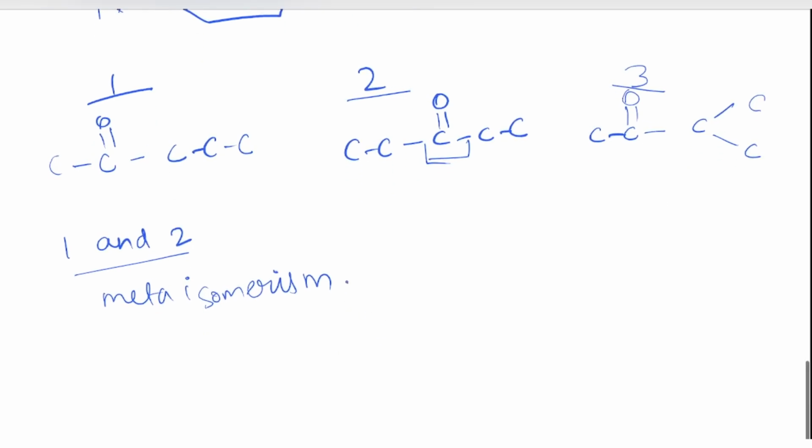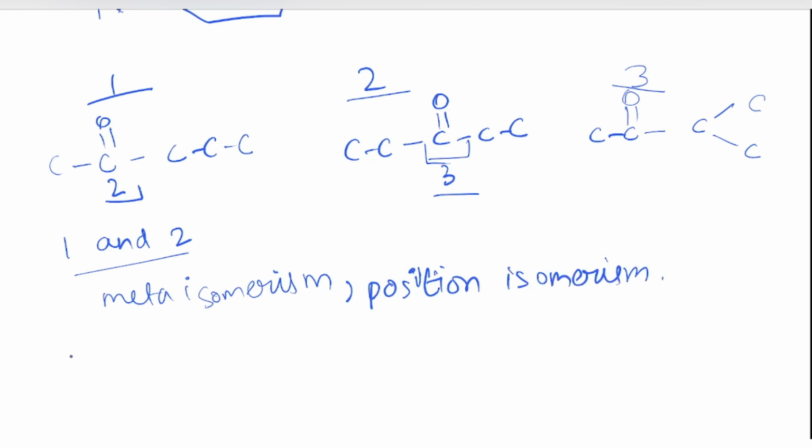And if we look more carefully, we can also notice that the position of the functional group is changing. Here the position of the functional group is 2, and here it is 3. So the position of the functional group is changing from 2 to 3. So it's also showing position isomerism.